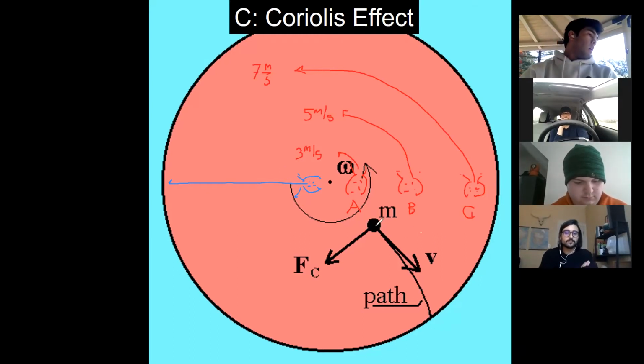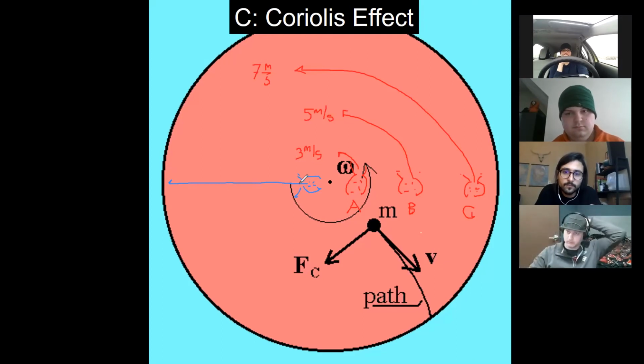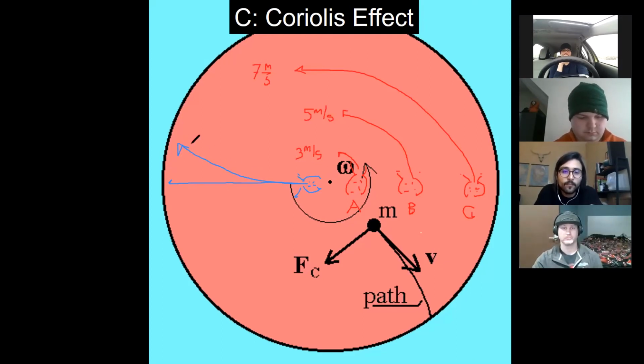Right? The net result would be that the ladybug would experience a deflecting force where she trailed behind the record because the record was moving faster and faster than her. She would experience a twisting force that would go up and to the right.